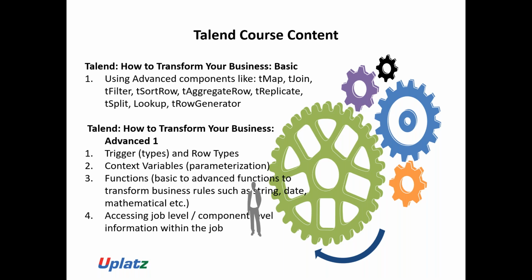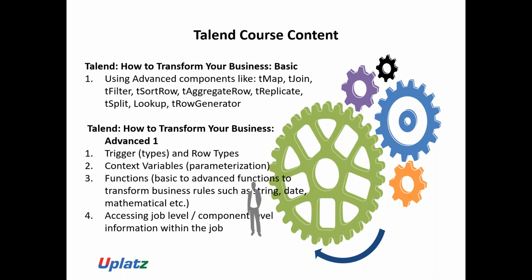And then these are the context variables. In real time, we have different environments: one is development, another is QA, another is production. For that we will have different values. Suppose in development you are using one database, a test environment, so you can load the data in the test environment. At a later stage, if you are moving the code to QA, their database server details will be different.